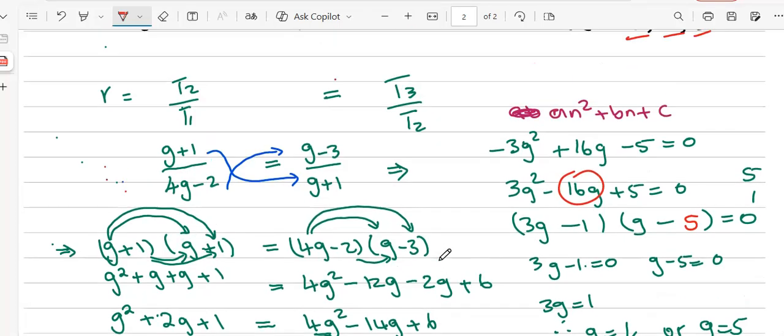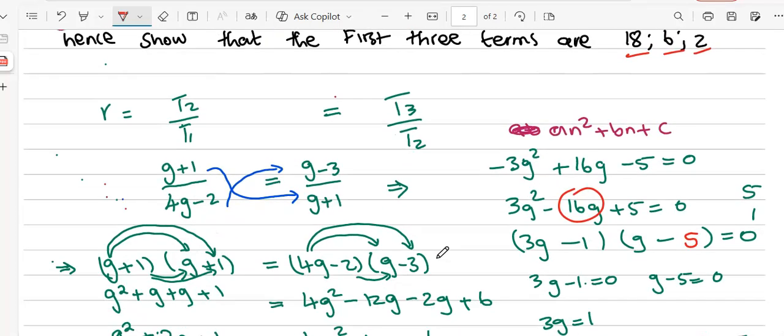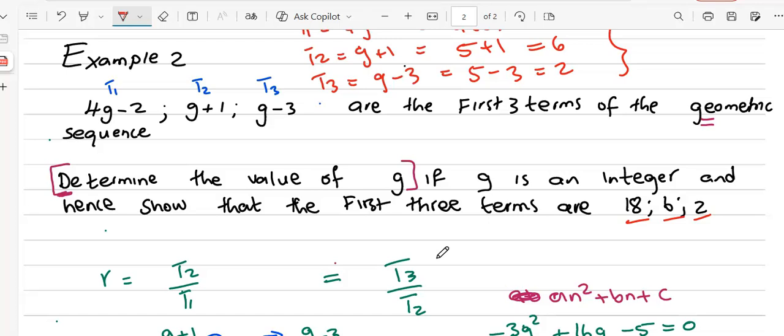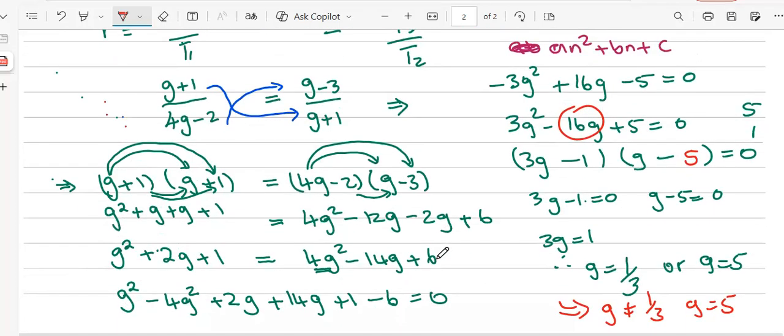The reason they put the if statement is because we have two values of g where we need to choose one. So the if statement is there to help us choose which value of g we should go for, which is 5, not 1 over 3. Right, and that's it for this lesson.